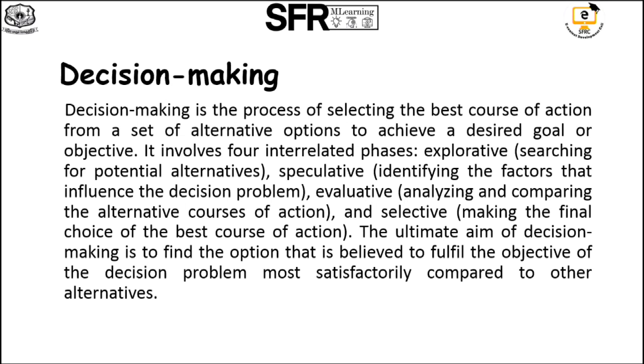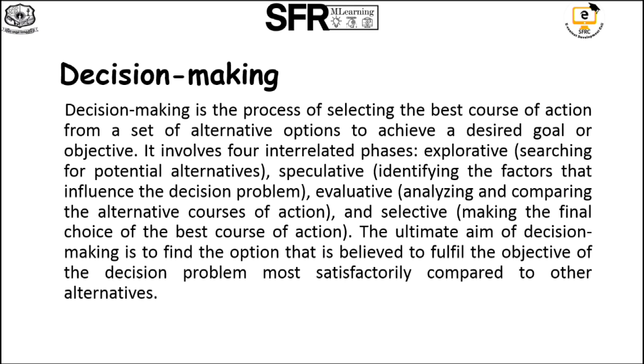Decision making. Decision making is the process of selecting the best course of action from a set of alternative options to achieve a desired goal or objective. It involves four interrelated phases. Number one, explorative, which means searching for potential alternatives.